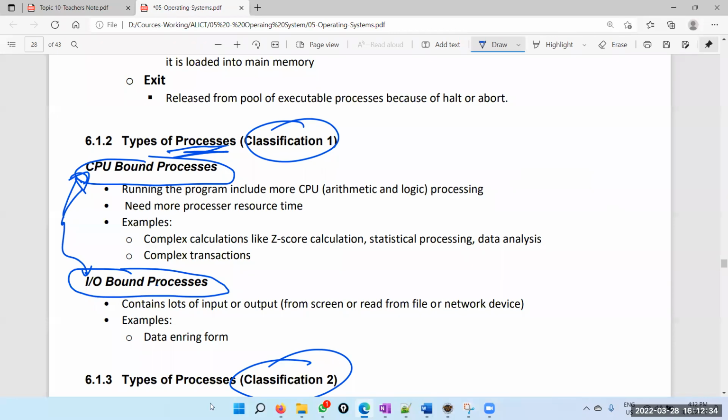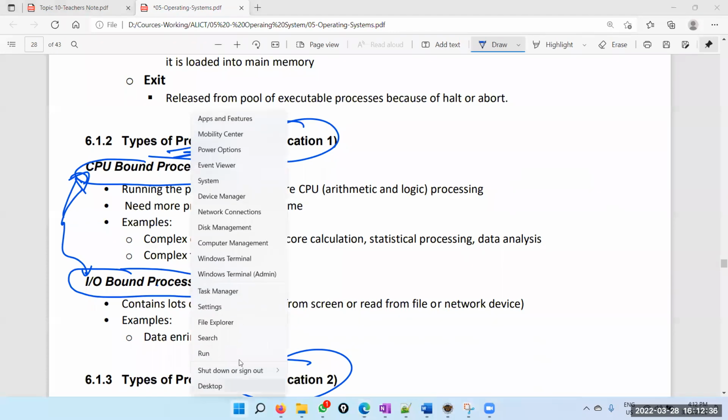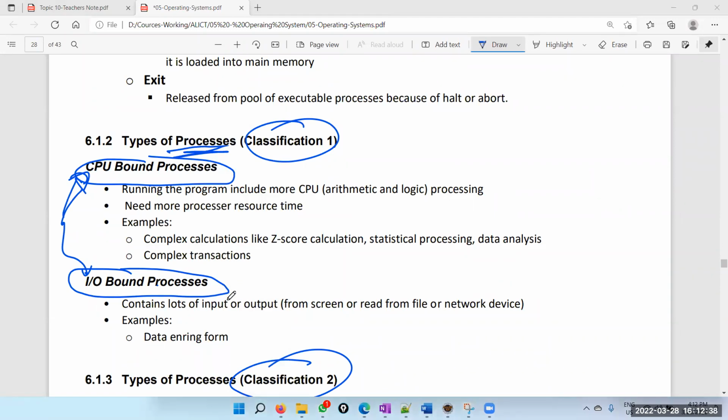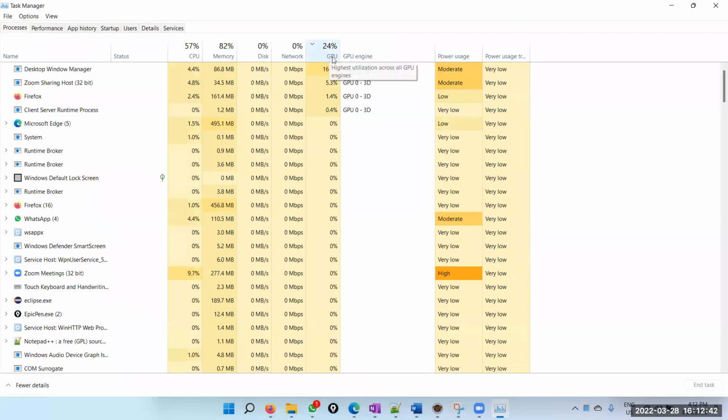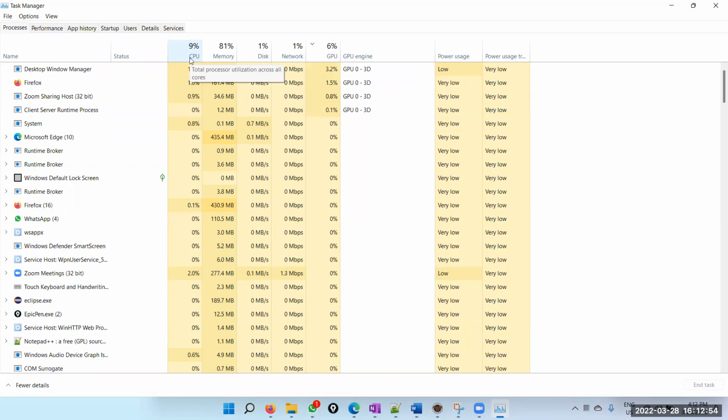For example, I will go to my task manager. You can see here my processor is on average 23%, about 20 to 30% utilized now. You can look at it from here also.